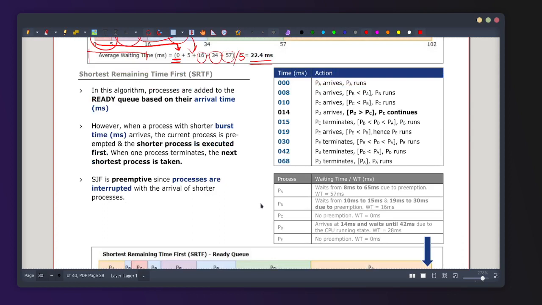Shortest remaining time first, or SRTF. Now, for this algorithm, I want you to pay attention very carefully. In the shortest remaining time first algorithm, it's basically just like first come first serve, but there's a small difference.